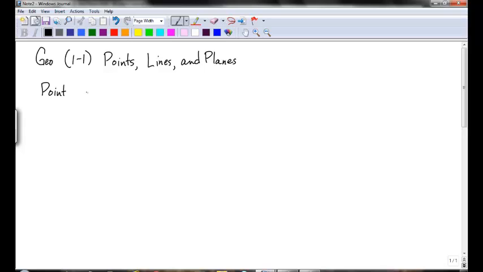Okay, first we need to go through some definitions that the author goes through. And there are 3 main. A point is a basic, undefined term of geometry.